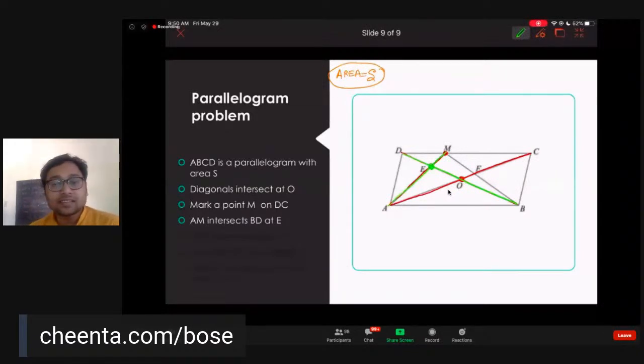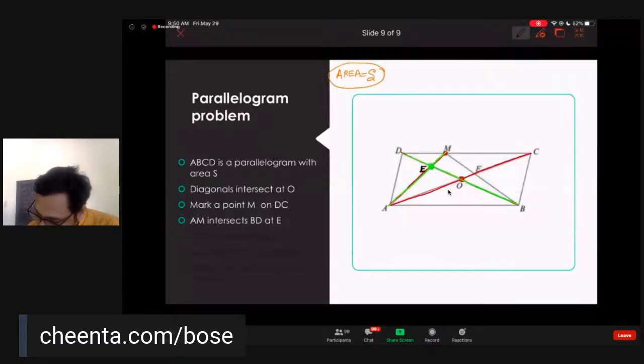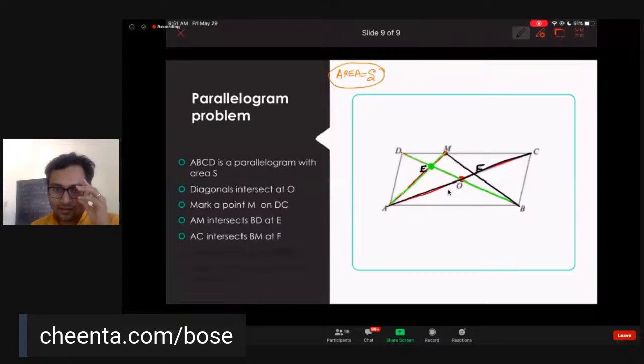And AM intersects BD at the point E. And what else is given? BM intersects AC at the point F. So this is also given. This is all given data.